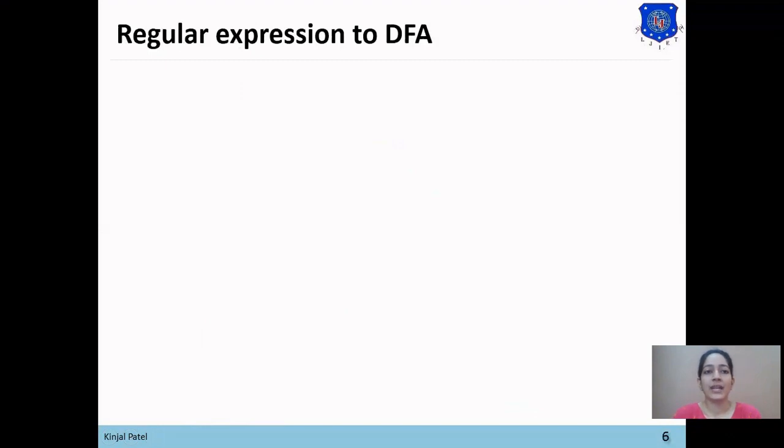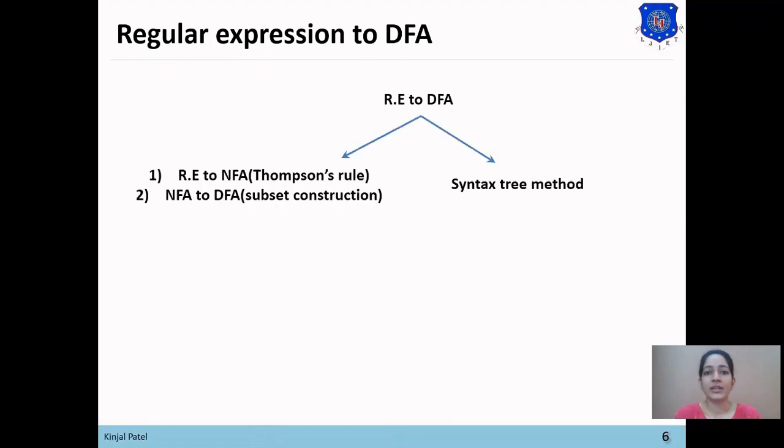So now our aim is to convert regular expression into DFA. There are two methods in our syllabus to convert regular expression into DFA. First method is a combination of two methods, which is Thompson and subset construction method. So if we want to draw DFA from regular expression using the first method, then we need to perform step 1, which says to first convert regular expression into NFA using Thompson's rule.